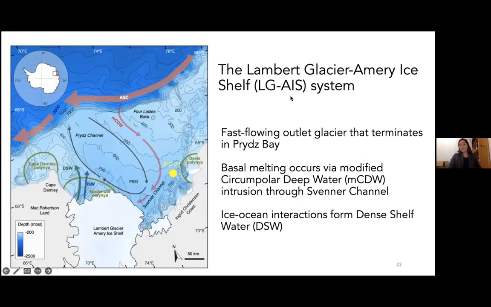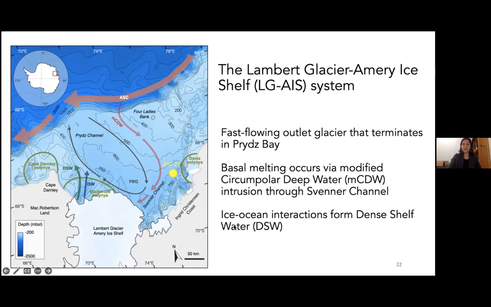So again, we love acronyms. There's acronyms all over the place. The Lambert Glacier-Amery Ice Shelf system, LG-AIS, is a fast-flowing outlet glacier that terminates in Prydz Bay. In the modern system, basal melting occurs via modified circumpolar deep water, and this intrusion occurs through Spinner Channel over here to the east.